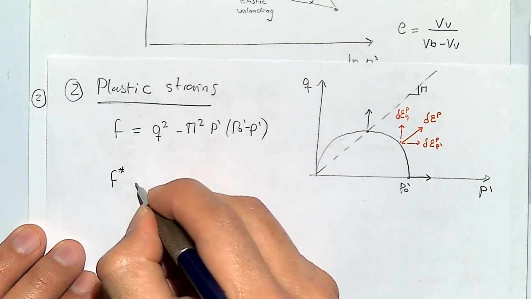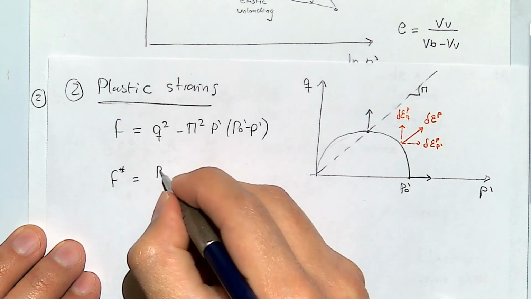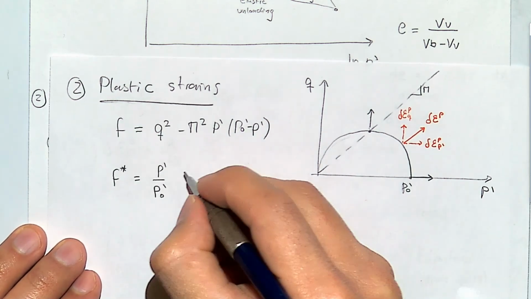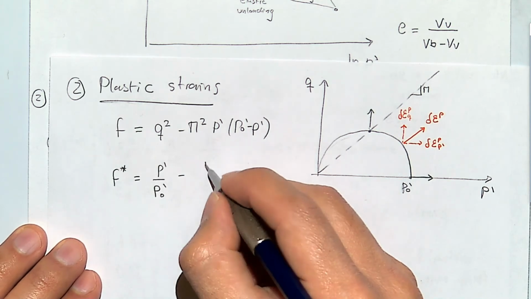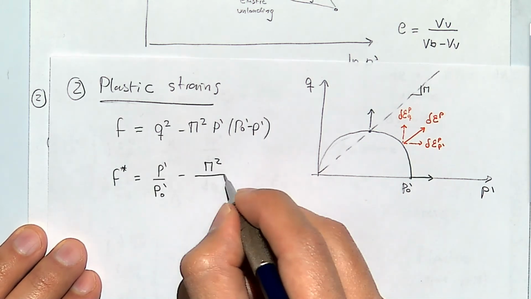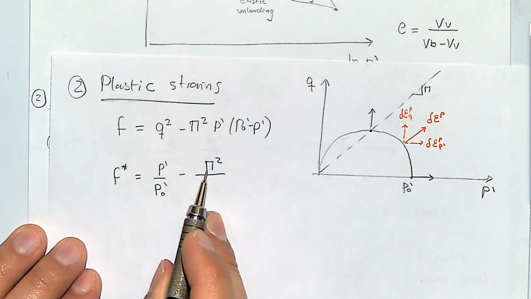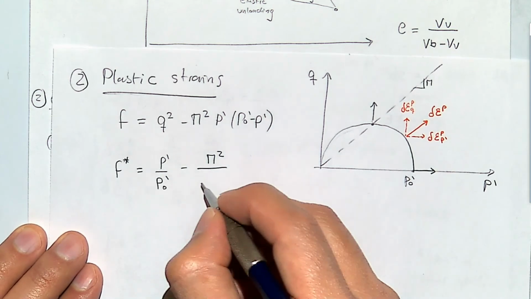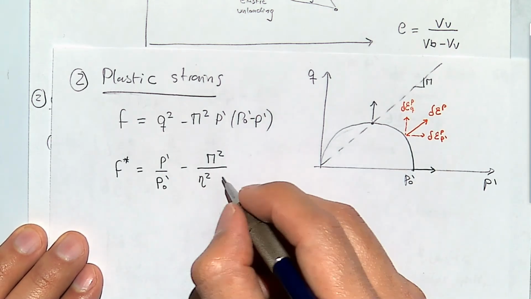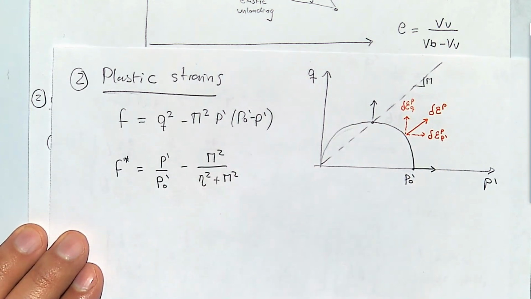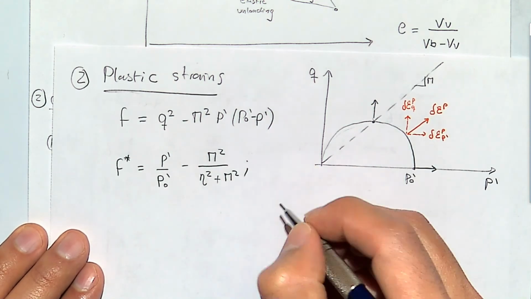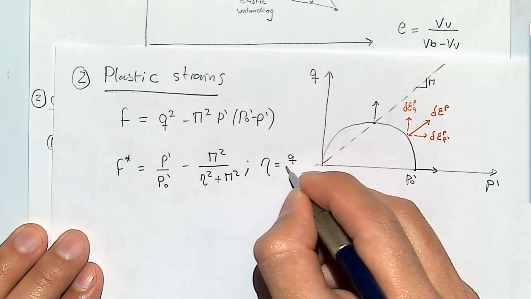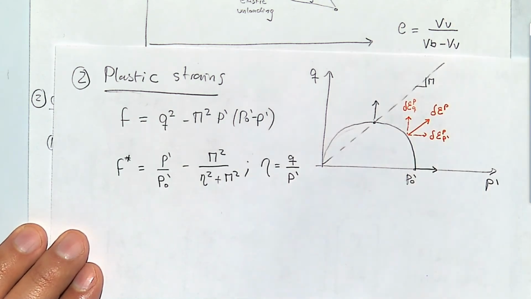So let's use an alternative version of this. It's the same thing. I'm just dividing by the pre-consolidation stress. This is an M, by the way. My M's look like pi or something like that, but that's an M. And we're going to make these equations a little bit shorter by defining this parameter eta, which is basically the ratio of deviatoric stress to mean stress.